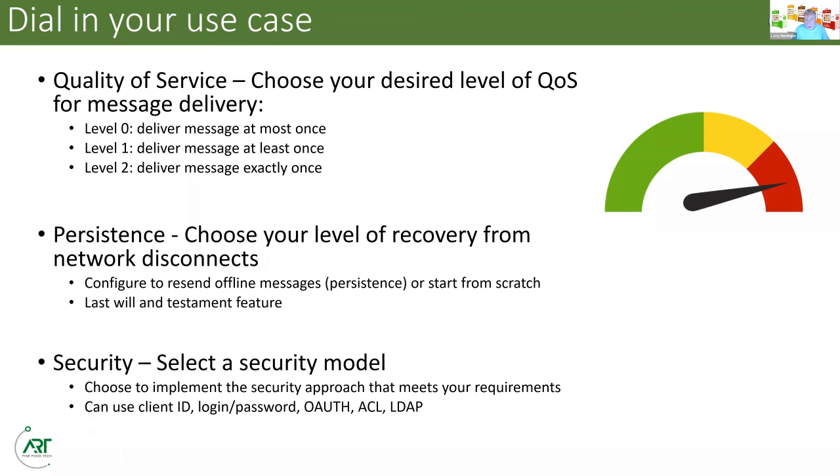You can integrate with enterprise LDAP. You can create ACL lists for different roles. So it's got a very rich capability to integrate with whatever security model you need. But at the very root level, you can get started very easily just by creating a shared secret to move forward with. So just a few examples of dialing in your application.